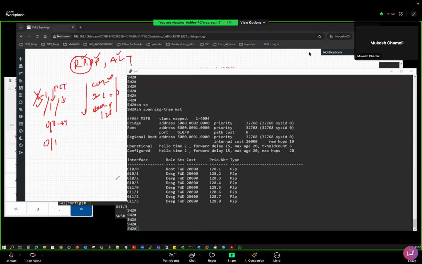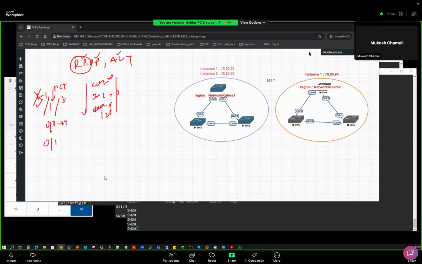So if you are making it high from this side, say 60,000, and from this side it is reaching 20,000, and this side is also 20,000. If I am going to use this path from this port, it will calculate this port cost as well. From this switch to the root bridge, what is the cost coming from this interface?